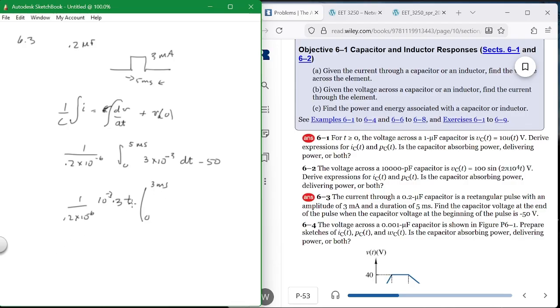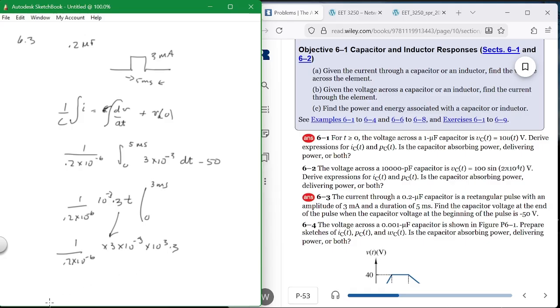So what would it be evaluated at 3 milliseconds for t? It's 3 times 10 to the minus third. So you've got 1 over 0.2 times 10 to the minus 6th times 3 times 10 to the minus third. This is my 3 right there, and this is my 10 to the minus third right there. Then at t, it's 0 to 3 times 10 to the minus third times 3.